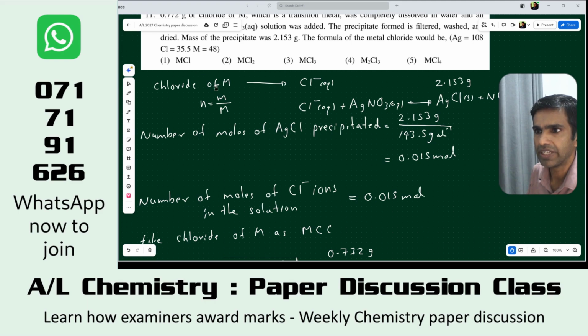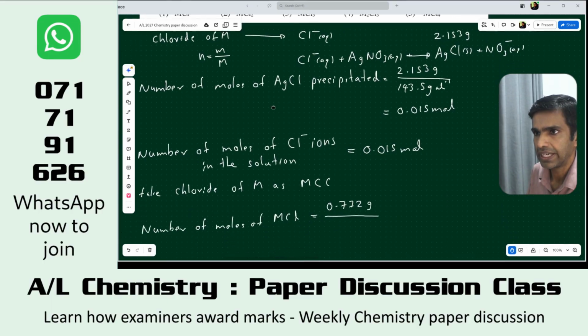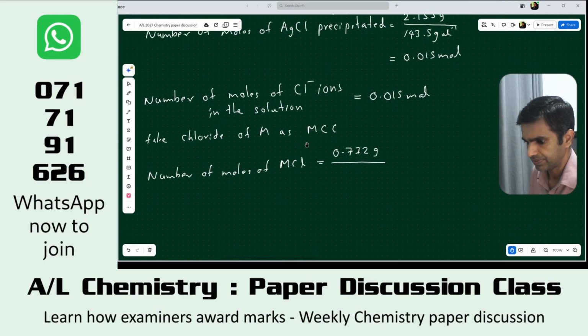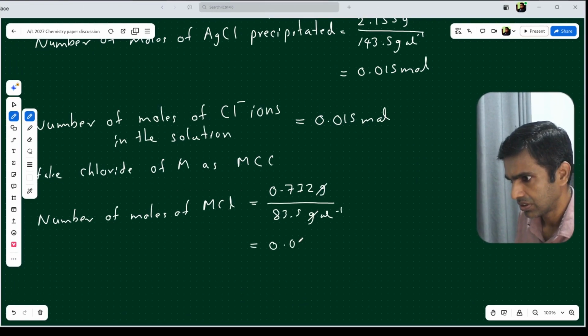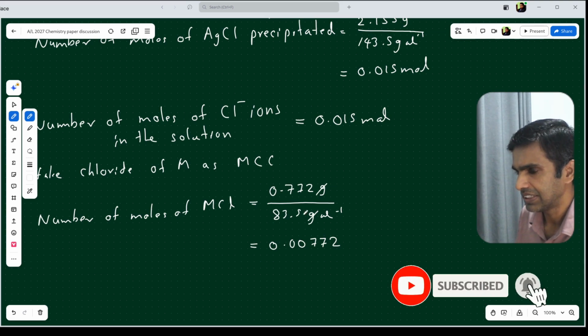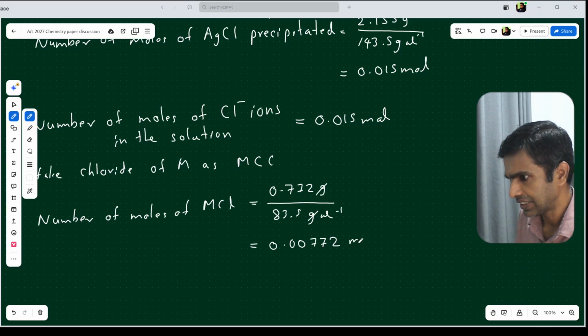When we add those two, it will be 83.5 grams per mole. If we take 83.5 as 100, this is 0.00772, but this is less than 100, therefore the answer is greater than this value.